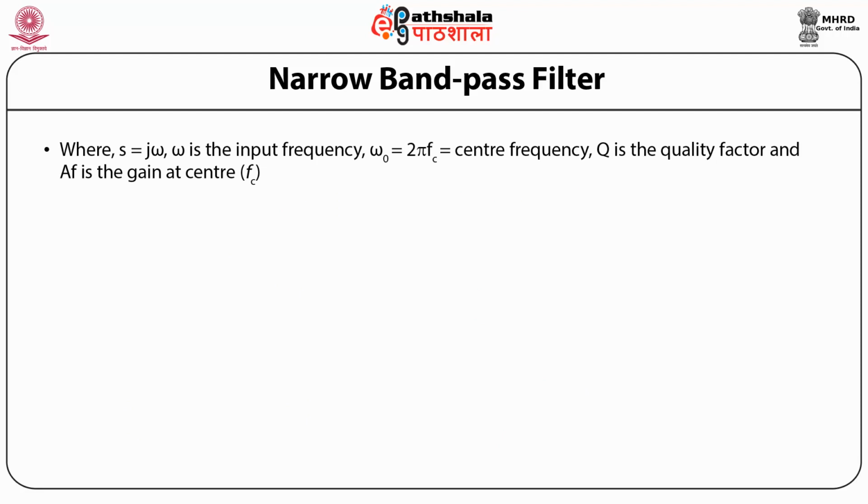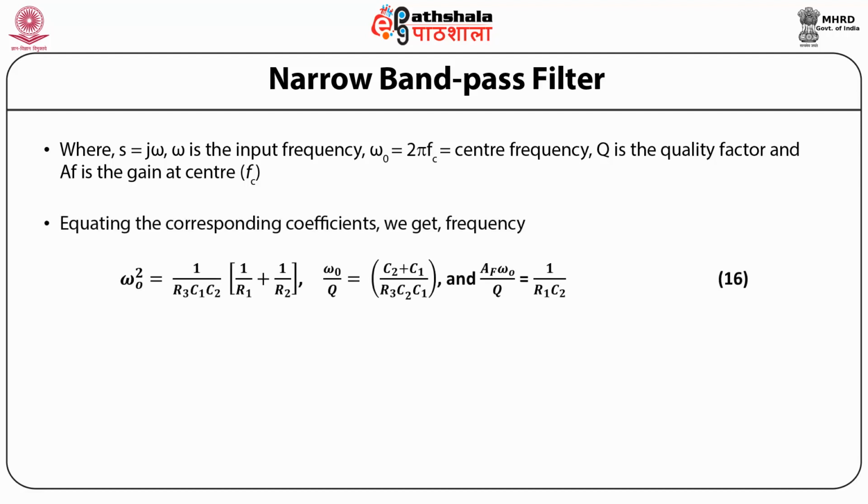Omega naught equals 2 pi Fc is the center frequency. Capital Q is the quality factor, and AF is the gain at center frequency Fc. Equating the corresponding coefficients, we get omega naught square is equal to 1 by R3 into C1C2 into (1 by R1 plus 1 by R2).